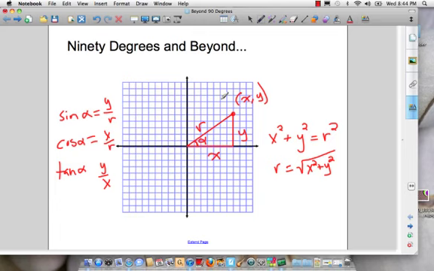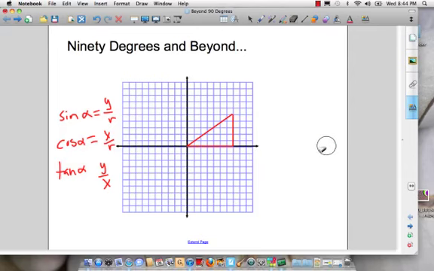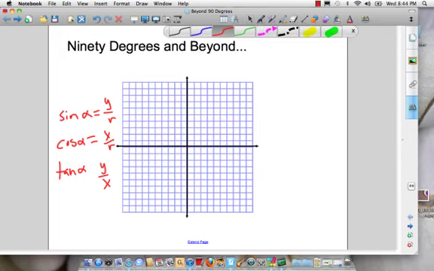What I'm going to do now is, let's erase this stuff that we've put here in red. And let's now look at an angle that's bigger than 90 degrees. So let's get this triangle out of here, and let's look at an angle that's actually obtuse.